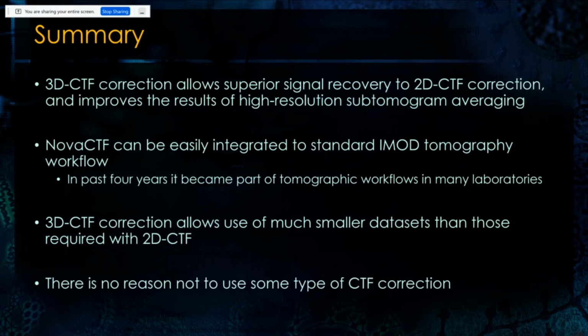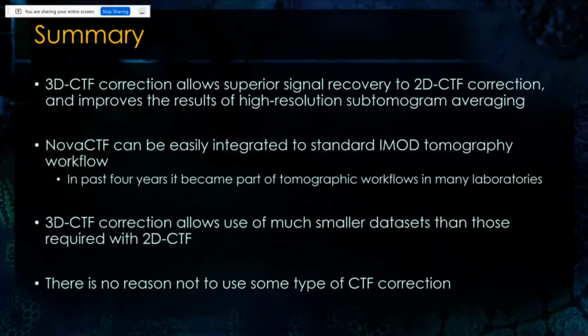And I also hope that I showed you on these nice spheres or disks that in any case, no matter what resolution you aim for, and you don't even have to aim for resolution necessarily, I believe, it's basically any CTF correction is better than no correction.